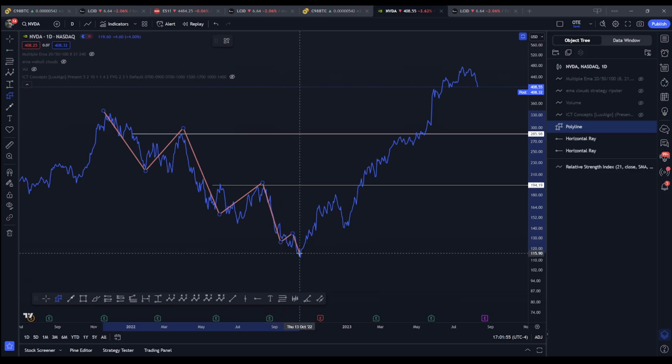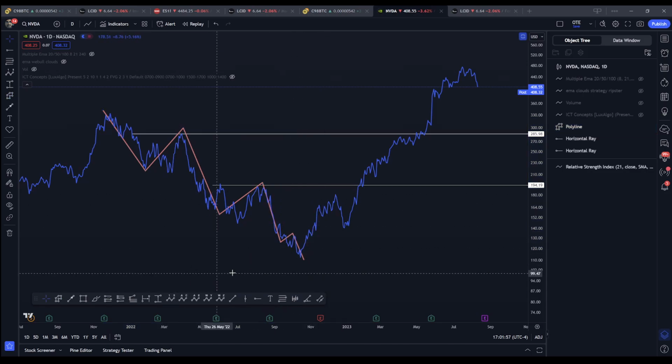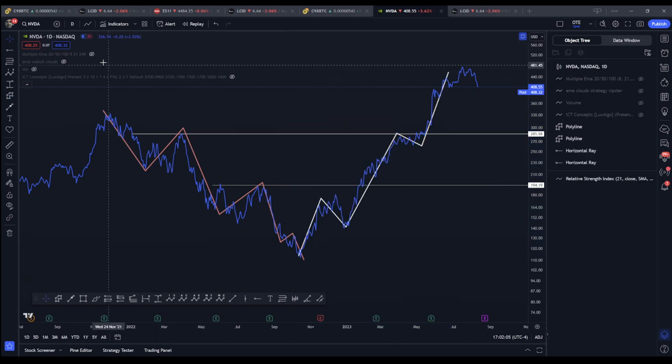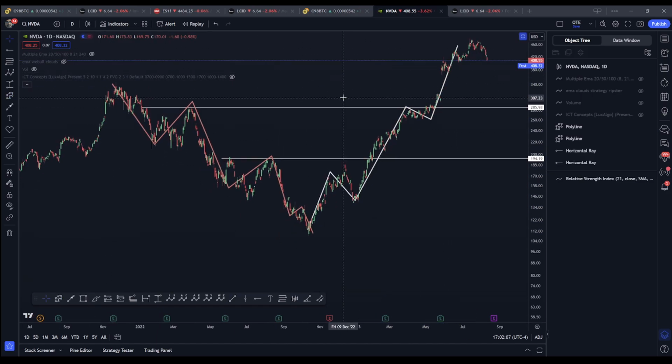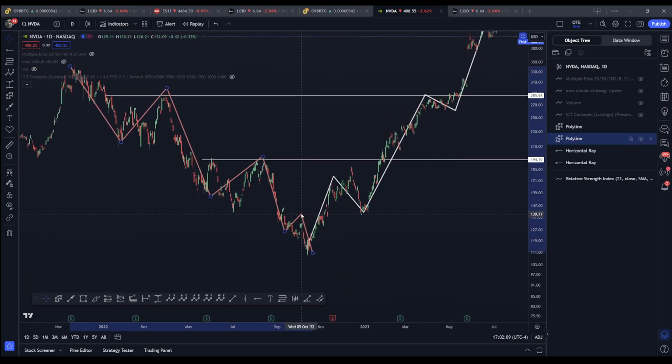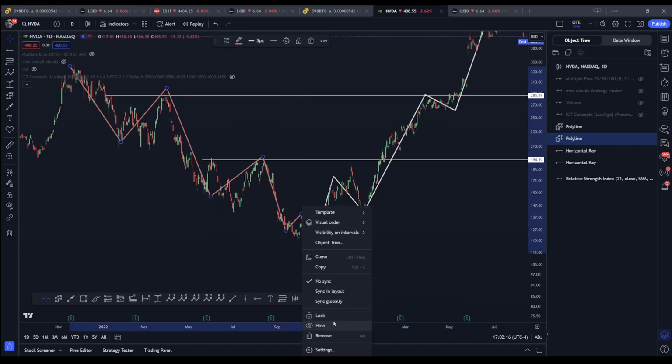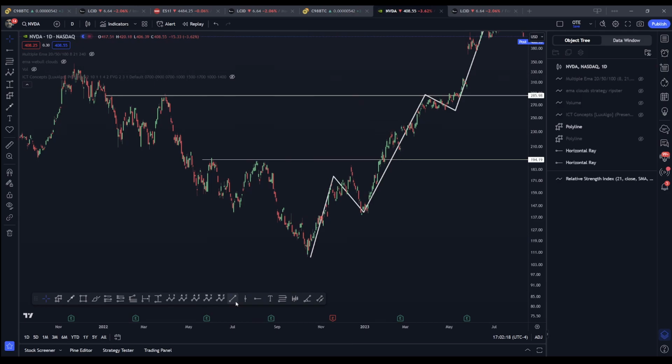Let's put it in candles again. So basically what I'm looking for is the last bounce, and if it breaks. Okay, so I can hide this now. And I would consider this previous swing high a break in market structure.